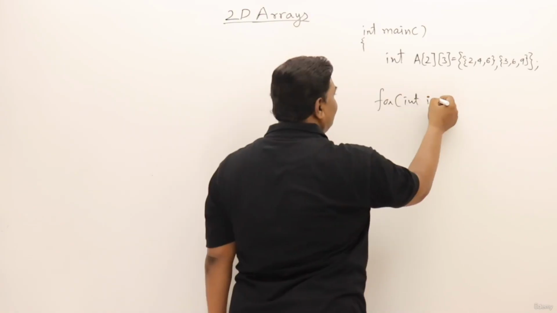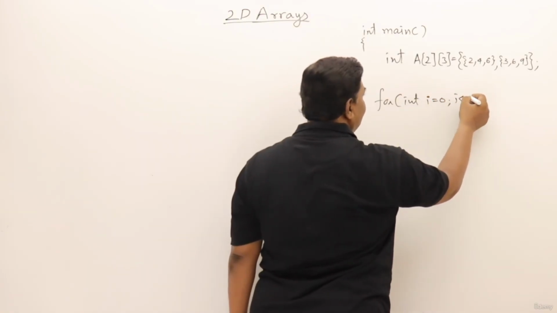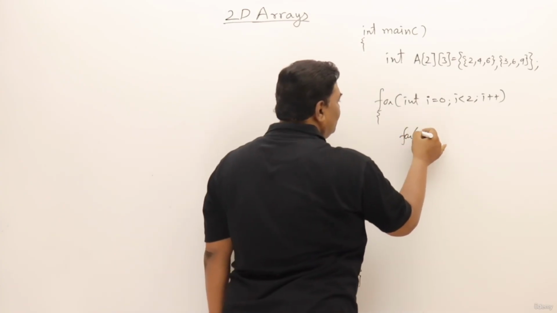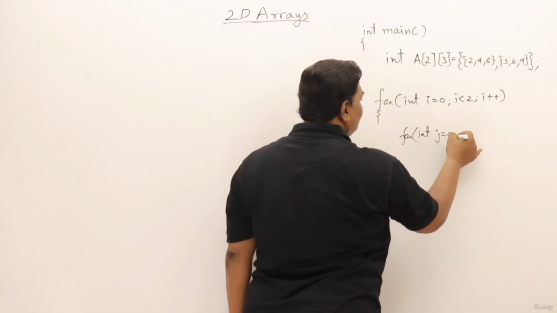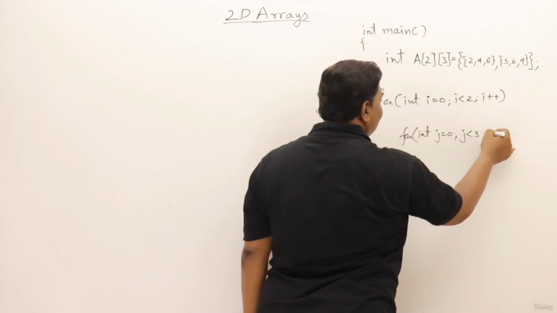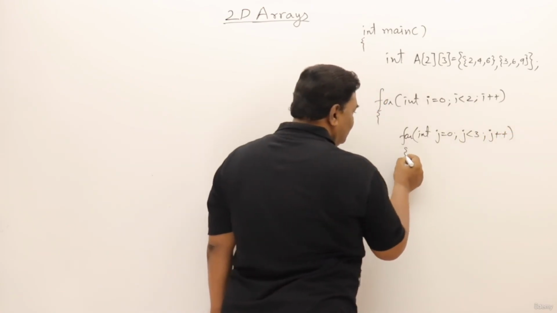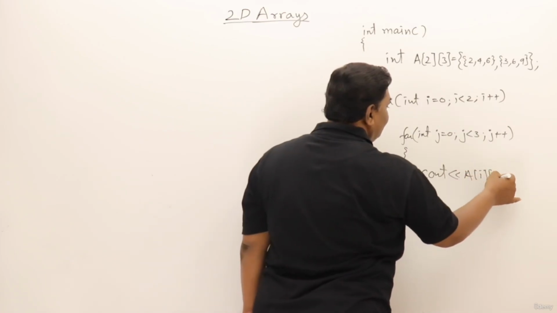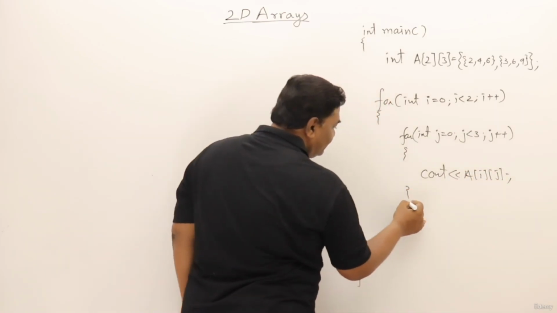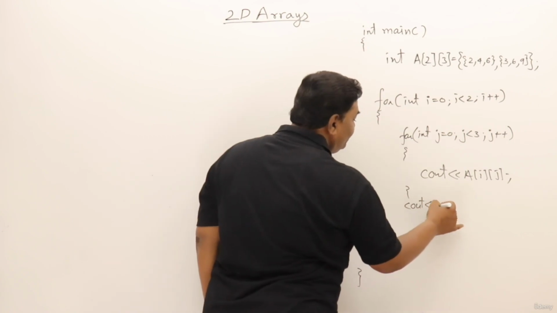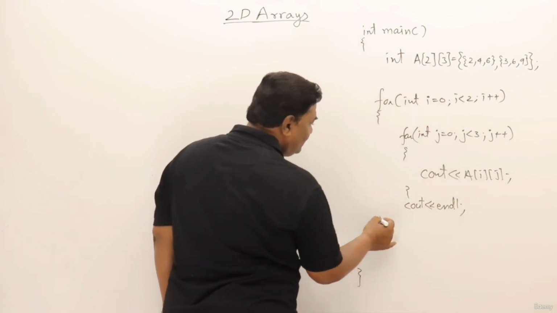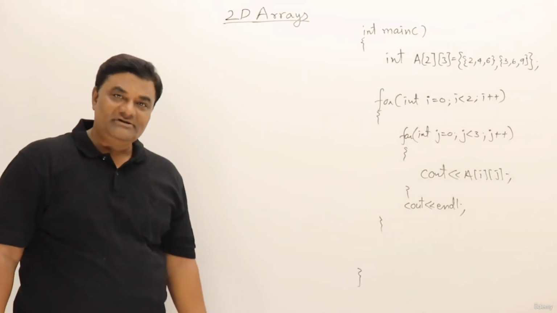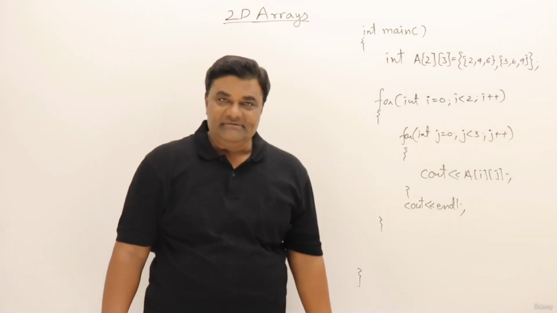For int i = 0; i < 2; i++, and for int j = 0; j < 3; j++. Now cout, I will display all the elements one by one, A of i, j. Then cout endl, we want a new line after every row. That's it. This is a piece of code for accessing all the elements of a two-dimensional array and displaying them.